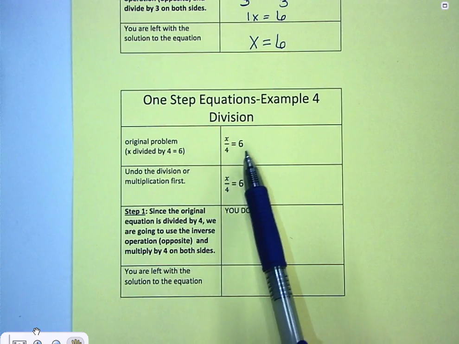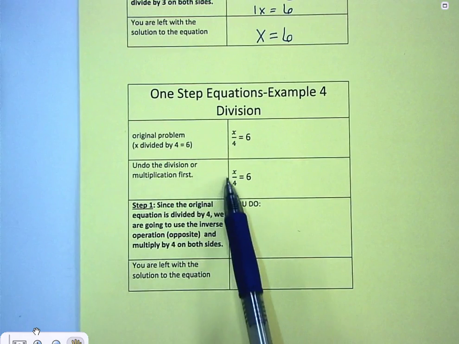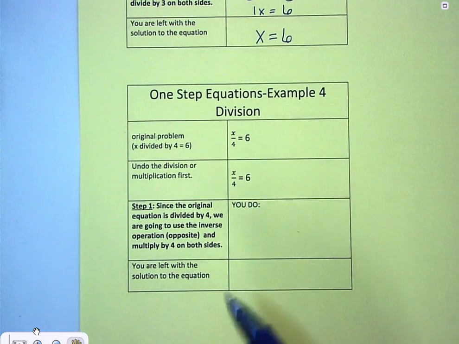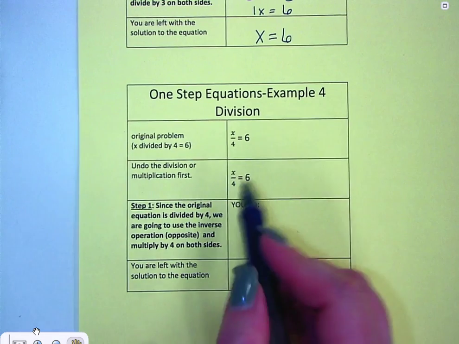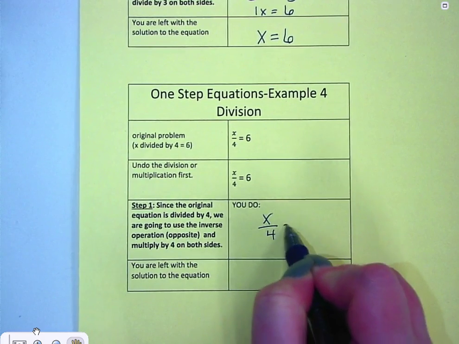All right. So the first thing we're going to do is undo the division or multiplication. This is division. So how am I going to show the inverse operation? What am I going to do? Patty? You times 4 by 4, and you times 6. All right. So as I look at it, x divided by 4 equals 6.